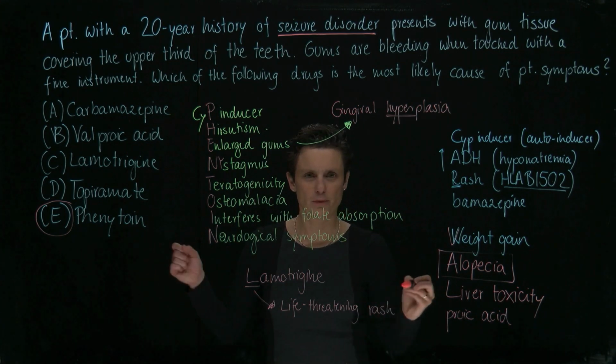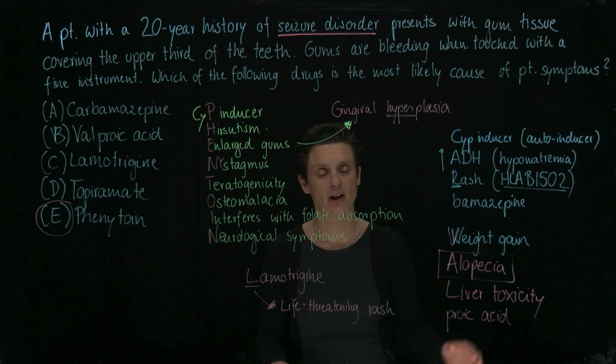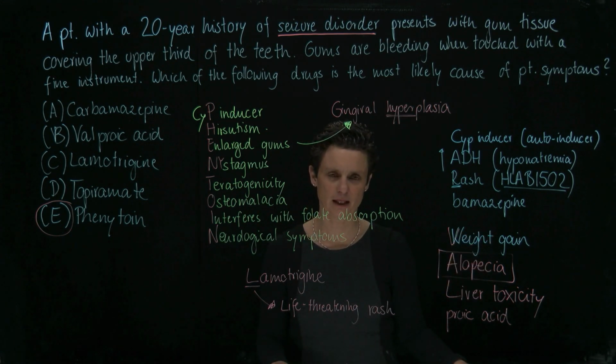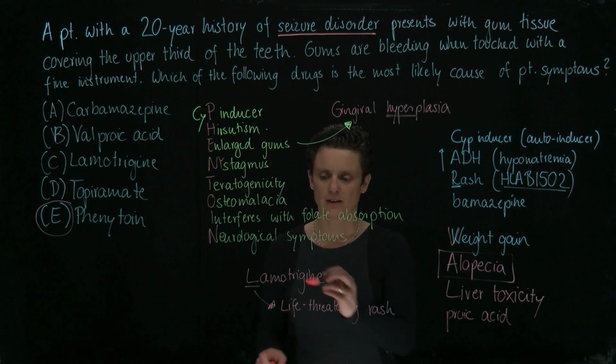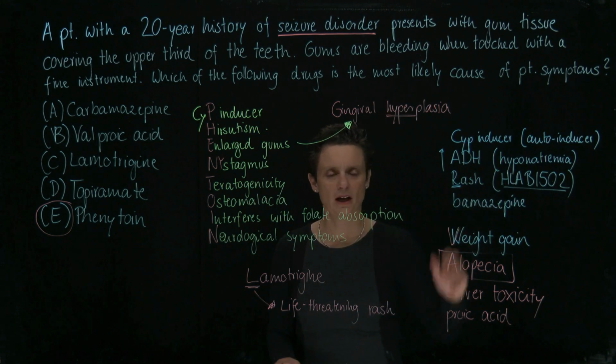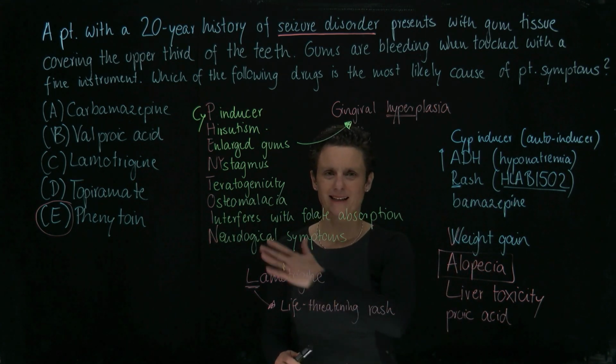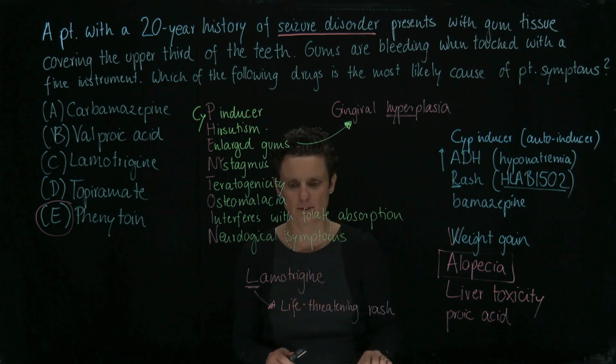And that's also super important to know, because if somebody is on Lamotrigine and develops a rash, you need to take the patient off the medication because it can progress to Stevens-Johnson syndrome. And so that's something to remember for Lamotrigine. Unfortunately, there's no HLA correlation or so. It's just like you put the patient on this. If they develop a rash, take them off.